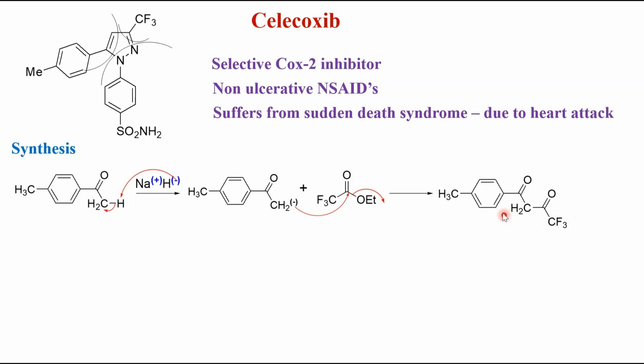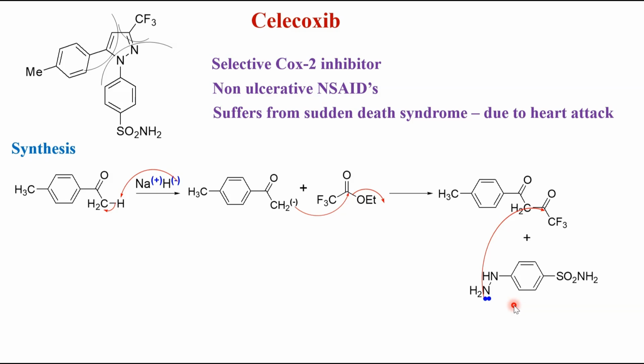Now, this molecule is treated with the other part, the parasulfonamido phenyl hydrazine. The lone pair of electrons on the nitrogen makes it electron rich. The carbonyl carbon over here is electron deficient due to the electron withdrawing group CF3 and oxygen attached to it.